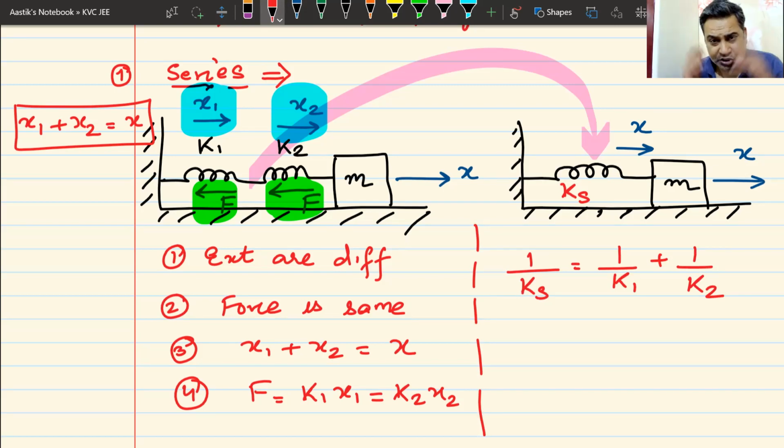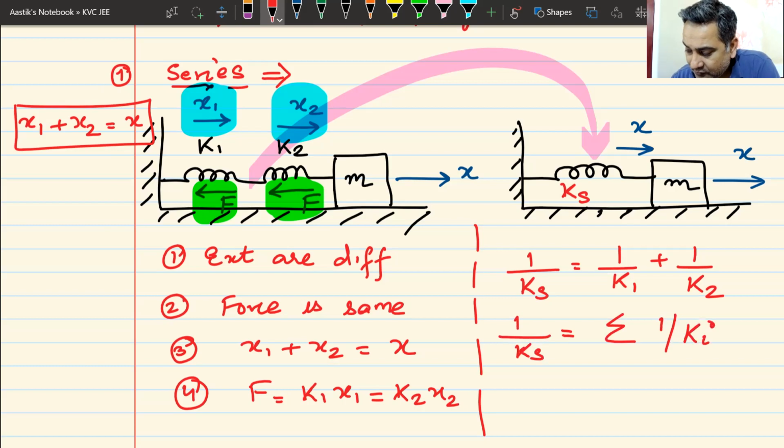If I want to make it a general formula for more than two springs, 1 by Ks, S standing for series, will be equal to summation of 1 by Ki, i varying from 1 to n. This will be the general formula for finding the spring constant of the series equivalent spring.